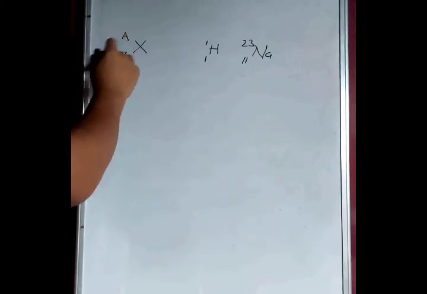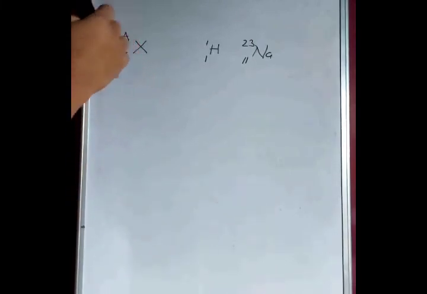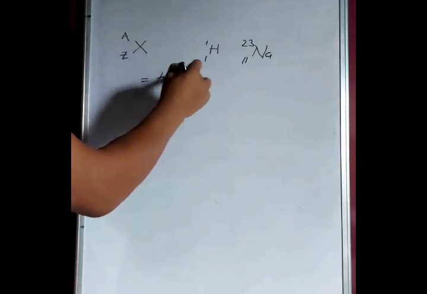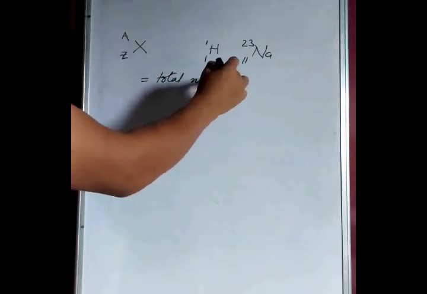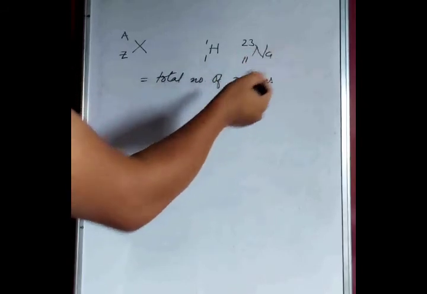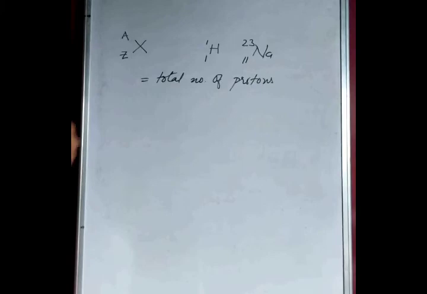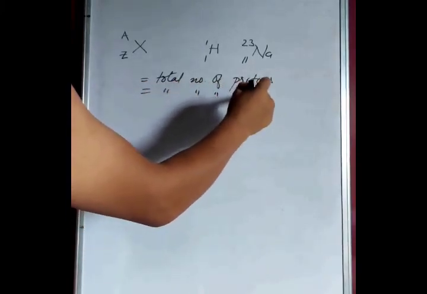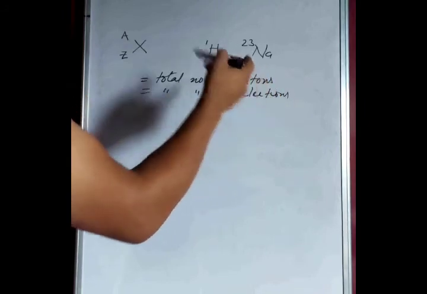We'll start with the atomic number. The atomic number is equal to the total number of protons present in the atom, or it's also equal to the total number of electrons of that particular atom.